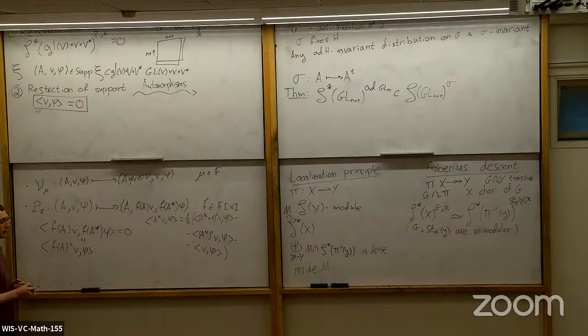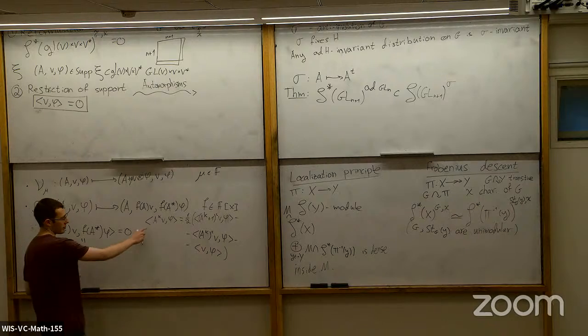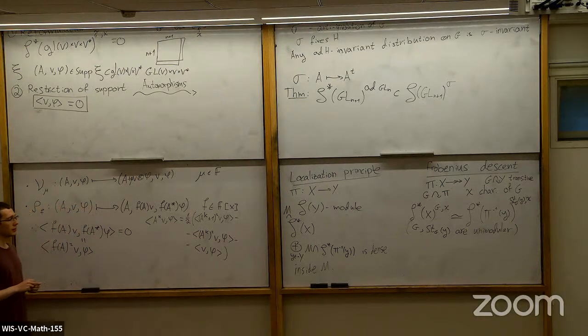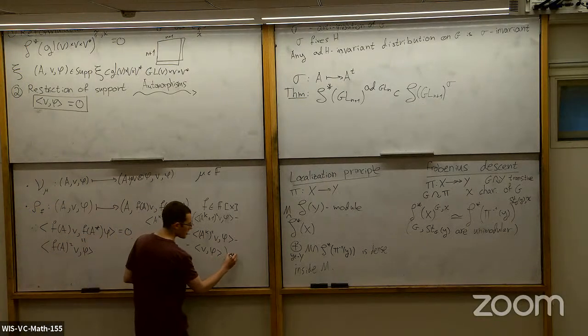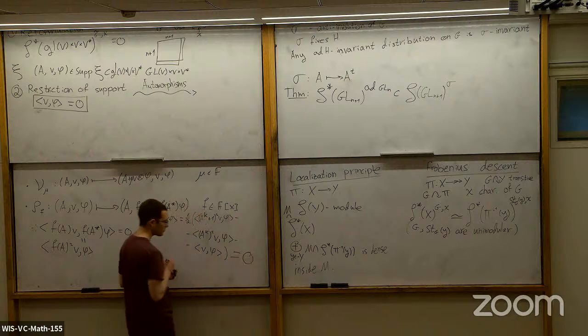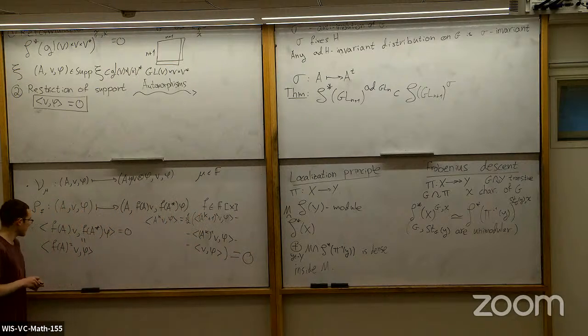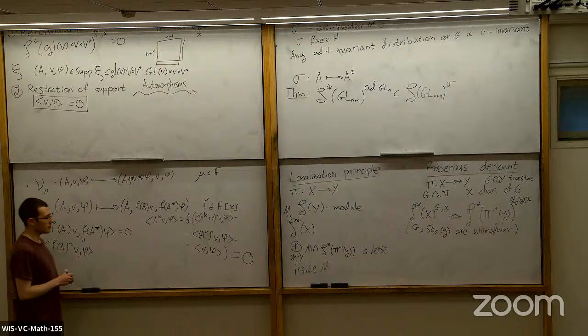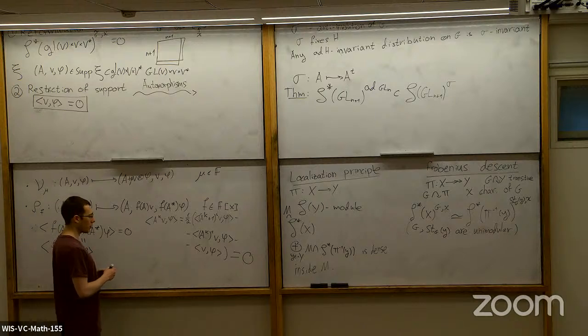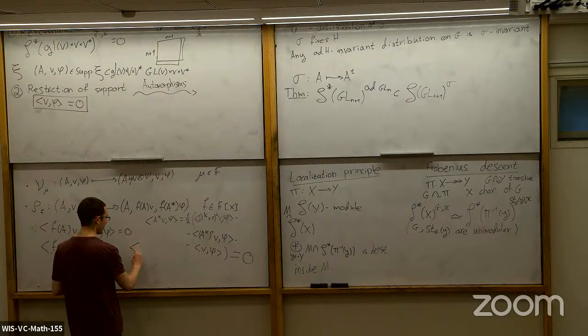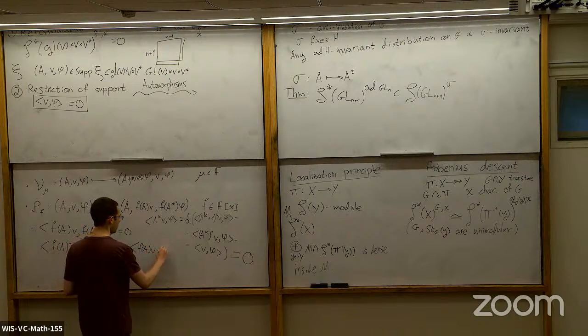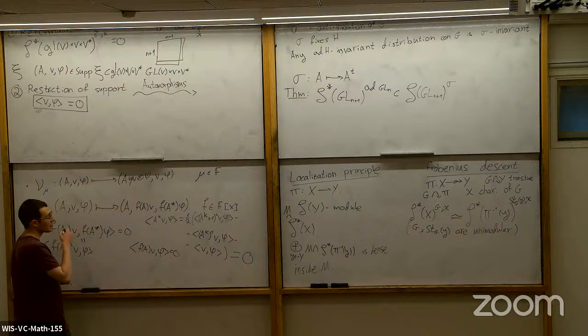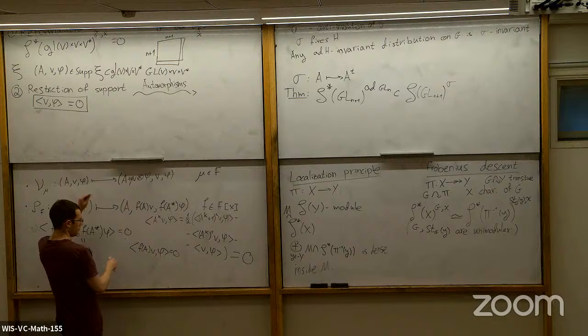So we show that <A^k v, phi> is equal to 0, and this basically shows that for all polynomials we have that <f(A)v, phi> equals 0. Okay.